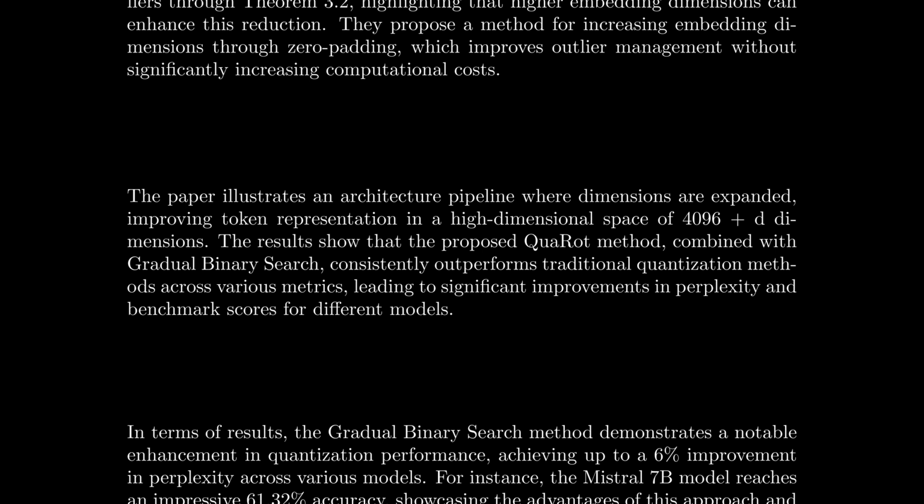The paper illustrates an architecture pipeline where dimensions are expanded, improving token representation in a high-dimensional space of 4096 plus D dimensions. The results show that the proposed QAT method, combined with gradual binary search, consistently outperforms traditional quantization methods across various metrics, leading to significant improvements in perplexity and benchmark scores for different models.